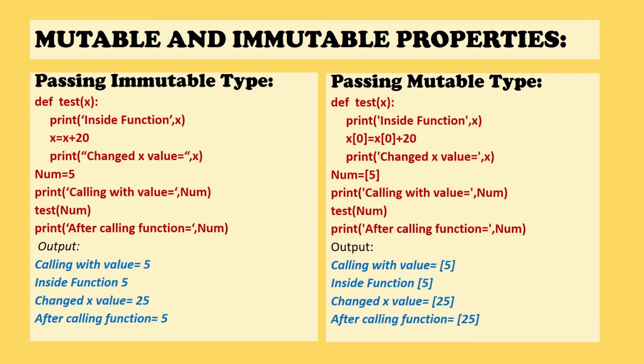However, it is not so in Python, so we have to learn it as mutable and immutable properties. In Python, when we learned about data types, there are two different types of data: mutable data and immutable data. What do you mean by mutable? Mutable values can be changed in place, and immutable stands for values that cannot be changed in place.